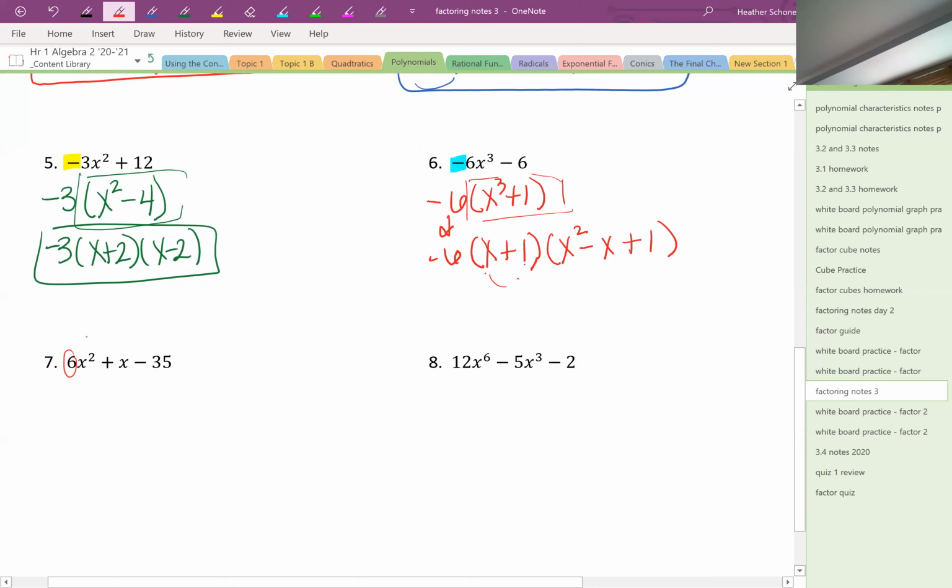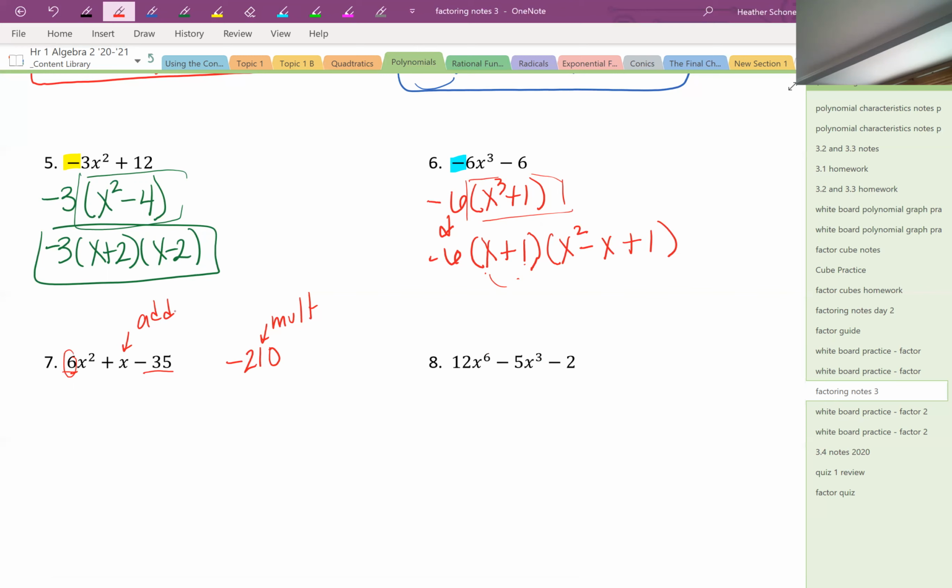And the first thing we do to split the middle term is take 6 times -35, which is going to give us -210. Okay, now I need two numbers that multiply to -210 and add to +1. That means they can only be one digit apart.